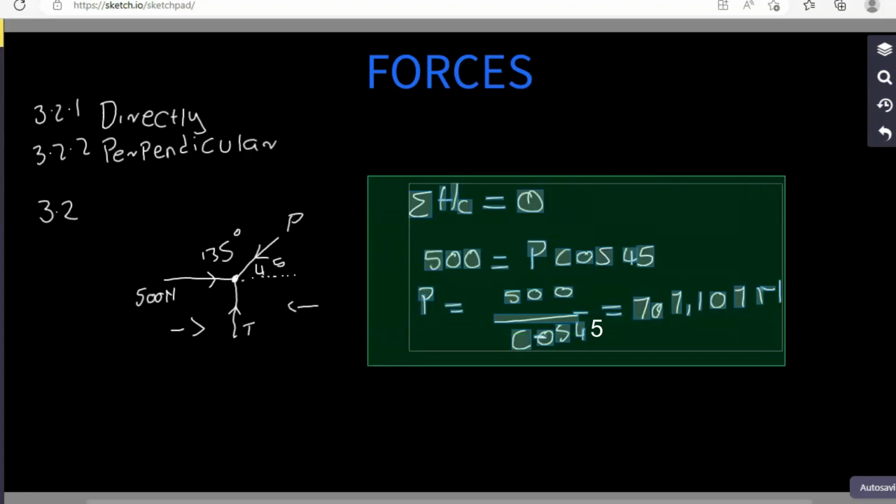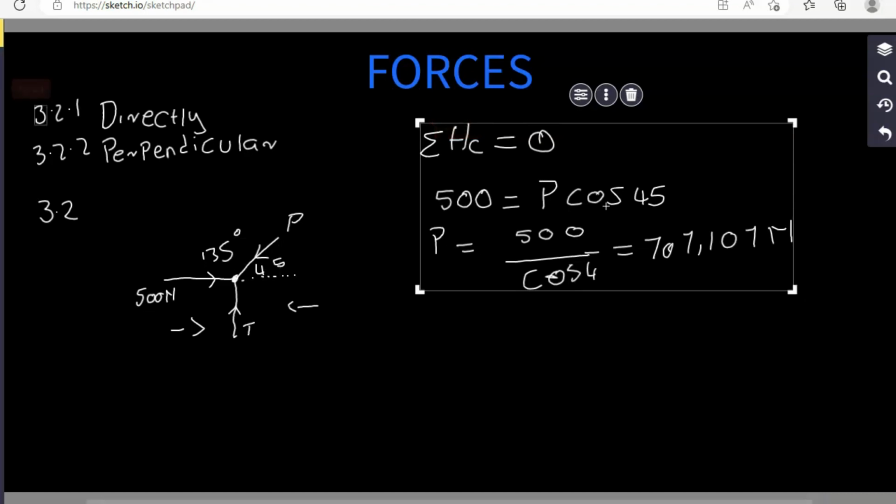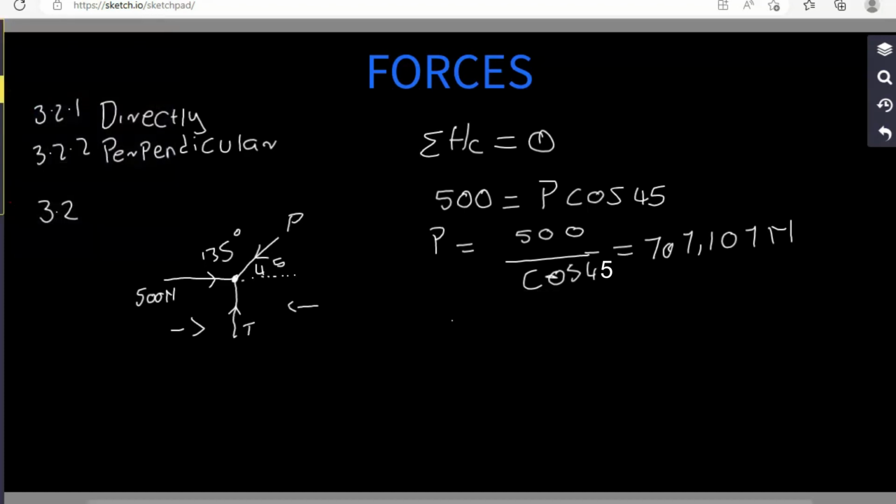We still need to find the value of T. So let's move this up and calculate the value of T. Now we will consider the sum of the vertical components. T is going up. Do we have another force that is going up? No. It will be equal to the component of P, which is going down, P sine.